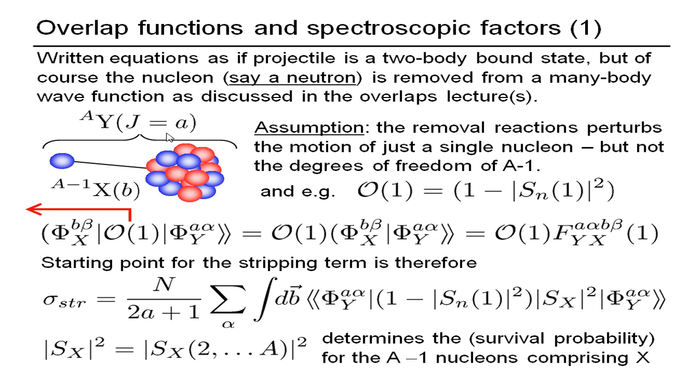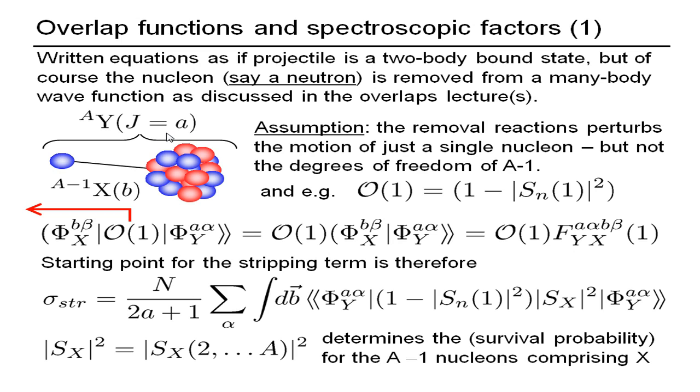So where I really should have started from is that if I'm removing a neutron, I've got n identical neutrons in a many-body wave function. The many-body wave function in general has spin A and projection alpha. I need to calculate something like this, really. There is the n.